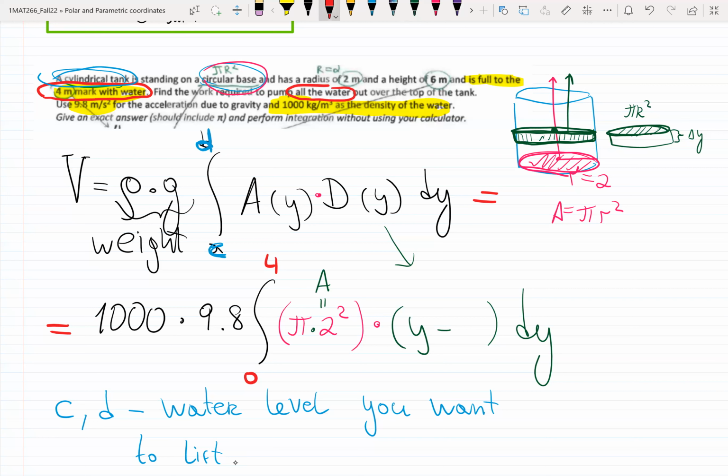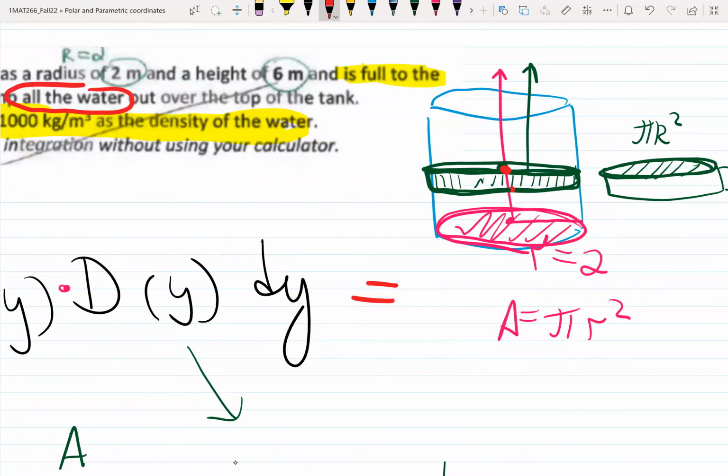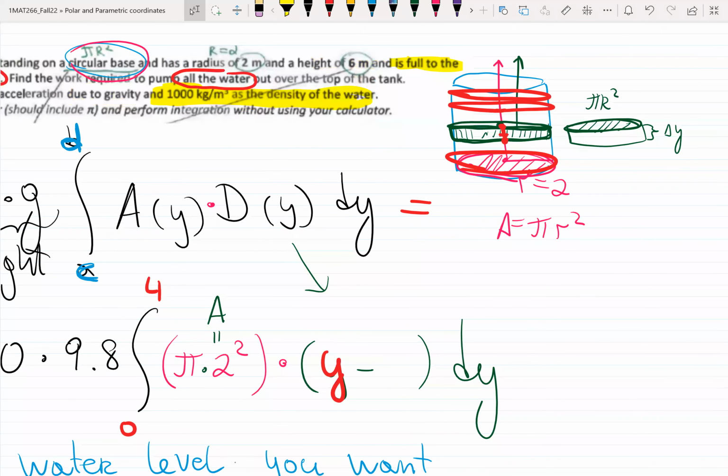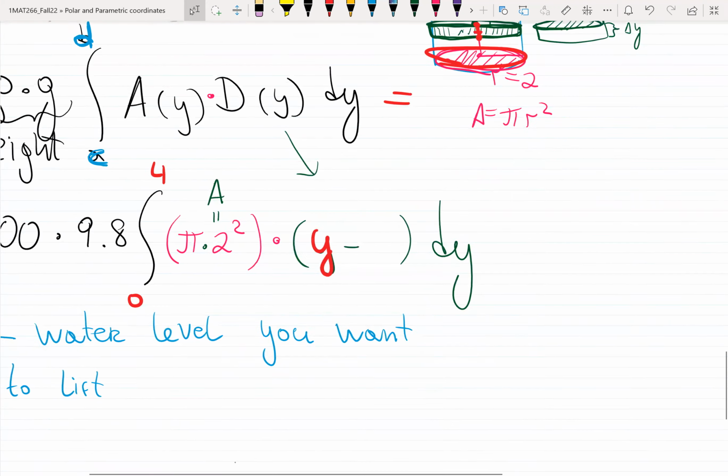Y is the height at which the water is located right now. This slice of water is over here, at some height y. This slice of water is over here, some other y. This water is always at the top, this water is at the bottom. So that's why it's y. And then y minus what? How much each slice has to travel. So distance to travel, or distance to lift.